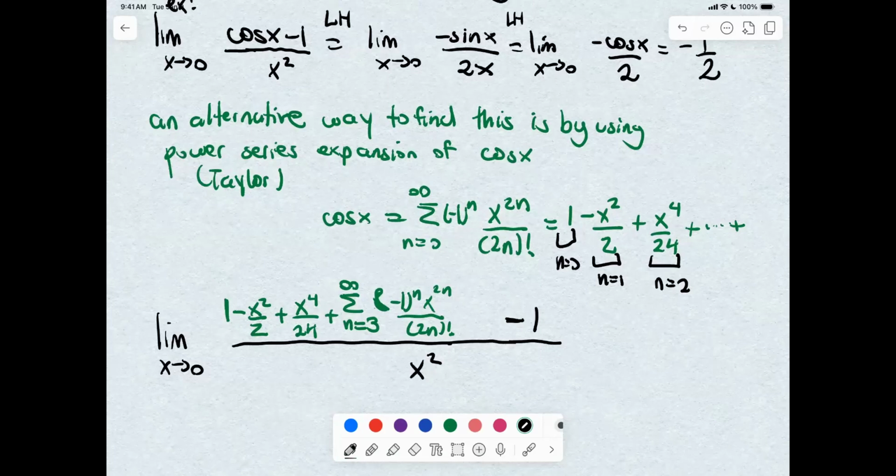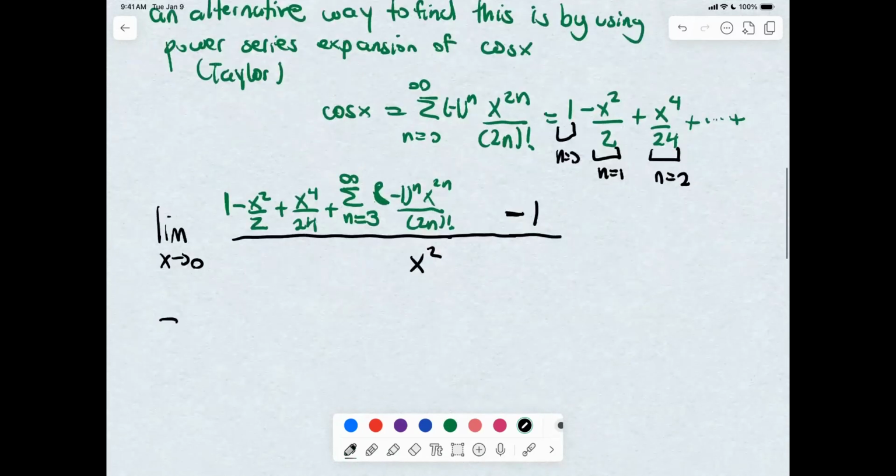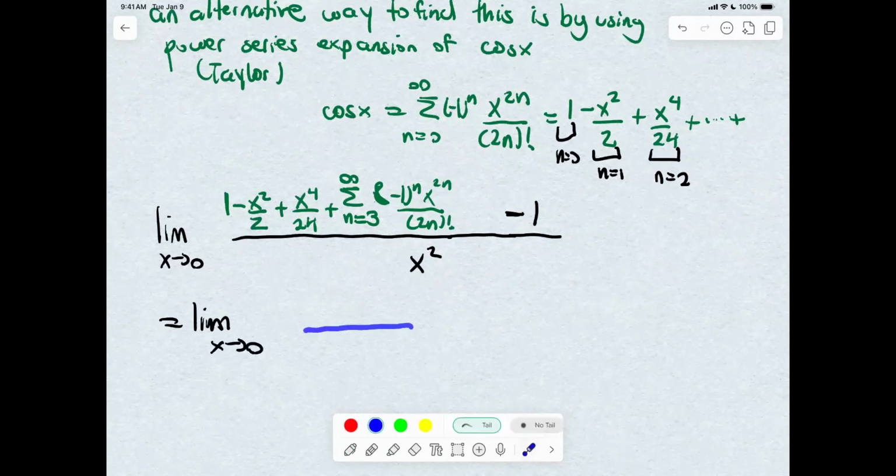So there's some simplifications which happen now because there's a 1 here and a 1 here, so they cancel. Well, I'll just copy paste this.